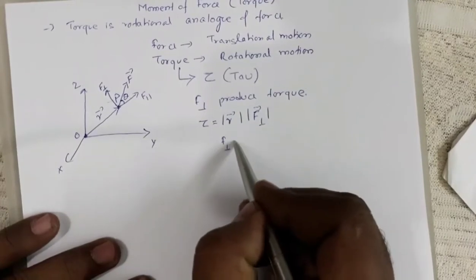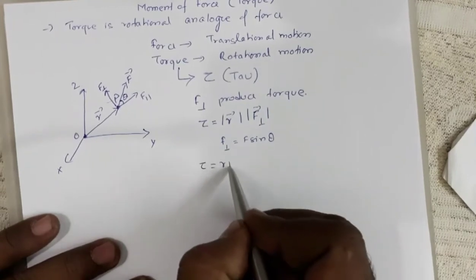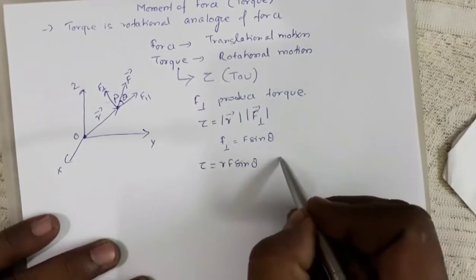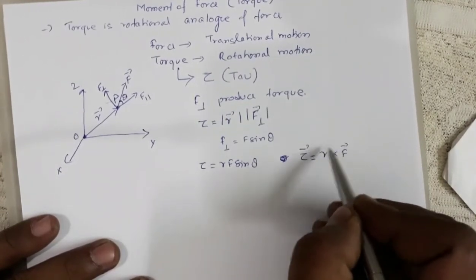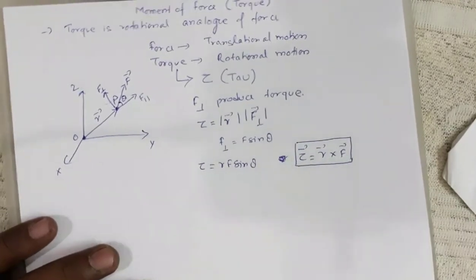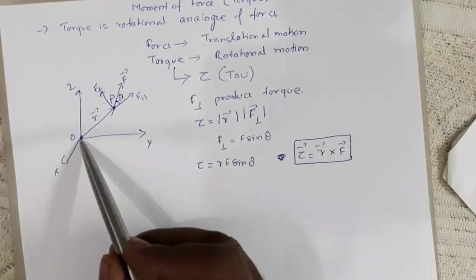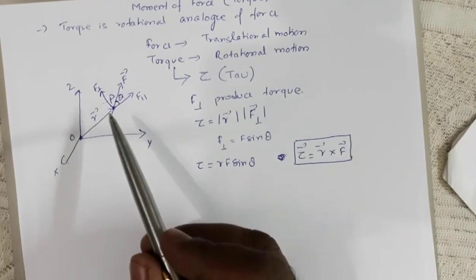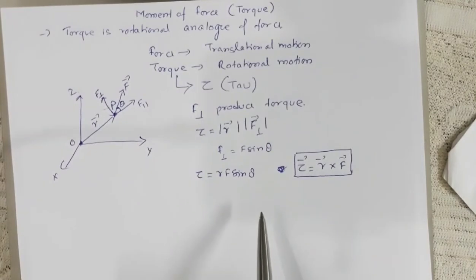So F perpendicular is F sin theta, and tau will be rF sin theta, or tau is equal to r cross F. This is the magnitude of torque acting on this particle P with respect to point O. Torque is always calculated with respect to a reference point. So this is the torque for a single particle.